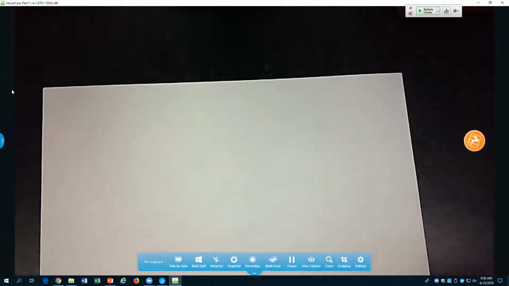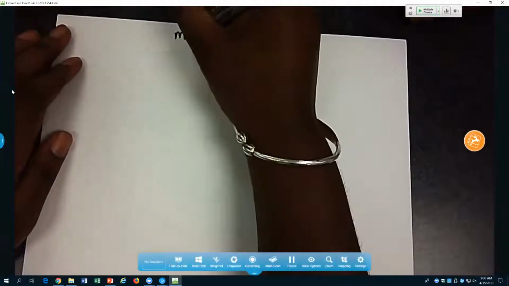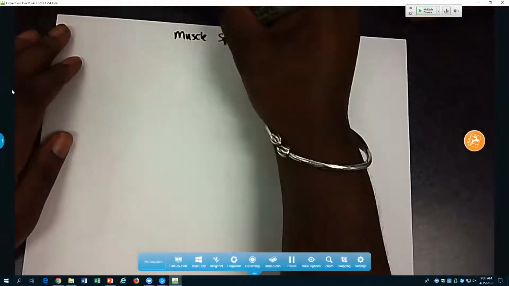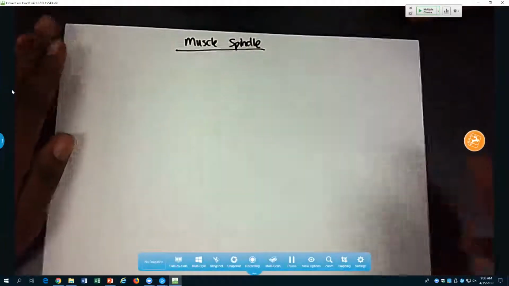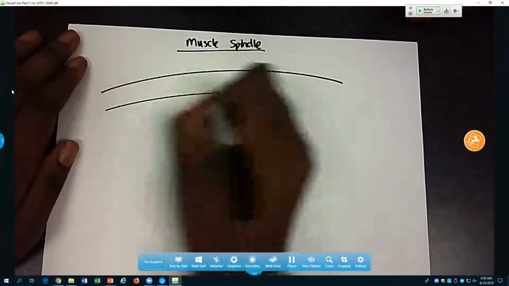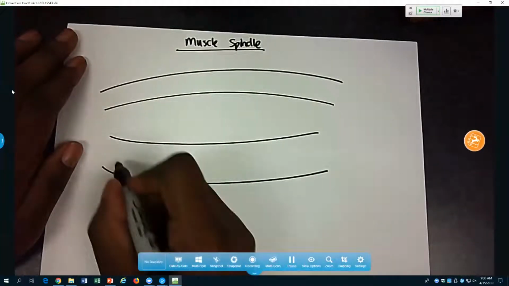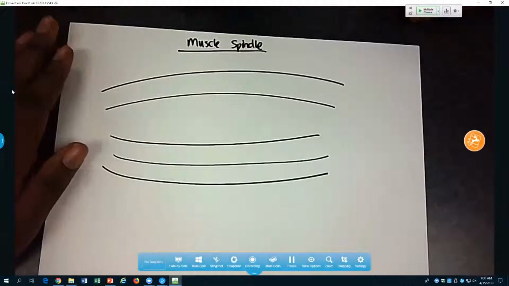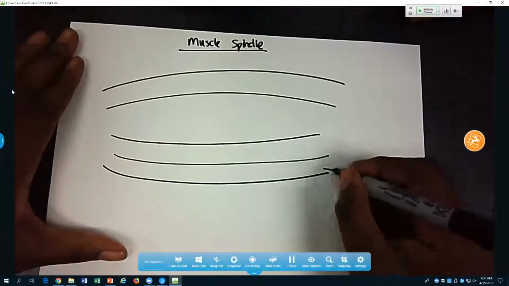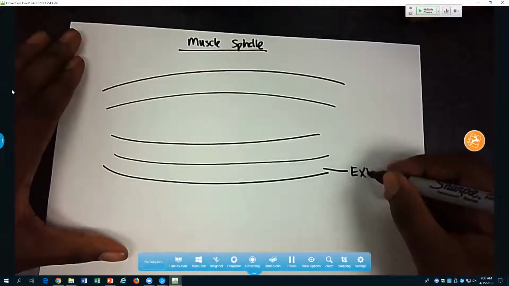So let's talk about the structure of the muscle spindle, and then we'll relate it to an example of reflexes. Okay, so as we mentioned earlier, within muscle, we have our typical extrafusal fibers.